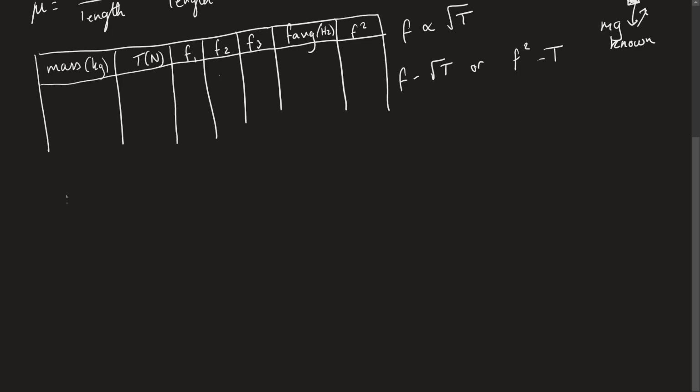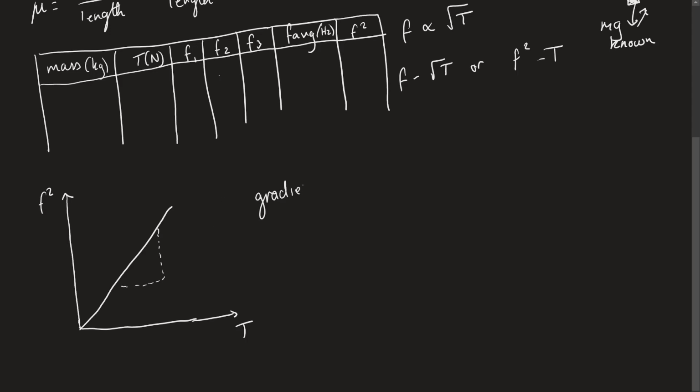That means if I plot a graph of f squared up here and the tension across here, what I'm expecting is a straight line, because they should be directly proportional to each other. And then what you should also find is that if I take the gradient of this line as an extra check, the gradient should be equal, if we take this equation back, I have f is 1 over 2l square root of t over mu.